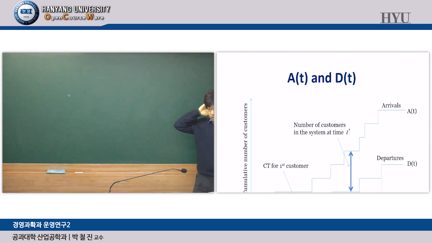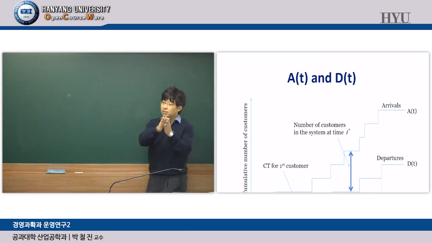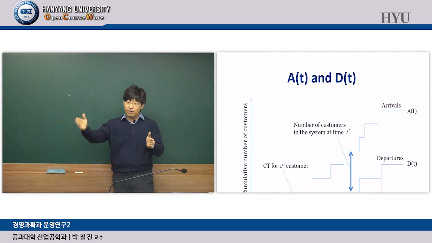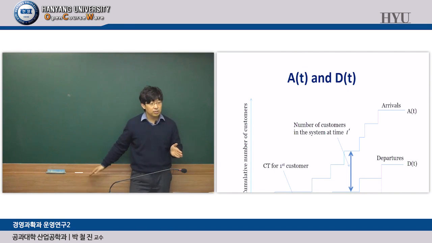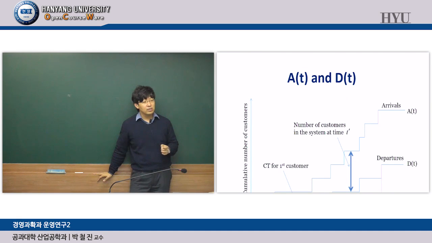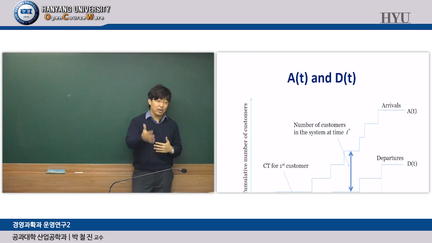And here is the question. What if the inter-arrival time follows an IID exponential distribution? Then what can you say about A(t)? This is a kind of counting process, right? From time 0, as time goes on, we count the number of customers who arrive at the system.